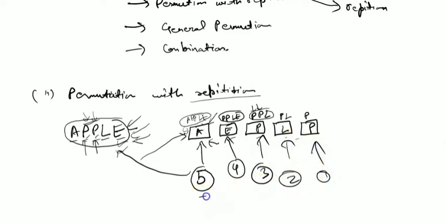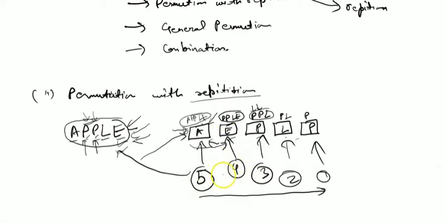So the number of choices reduces as we go forward because repetition is not allowed. If an alphabet has already been filled in the first slot, then it's not available for the rest of the slots. And that's why the number of choices reduces.